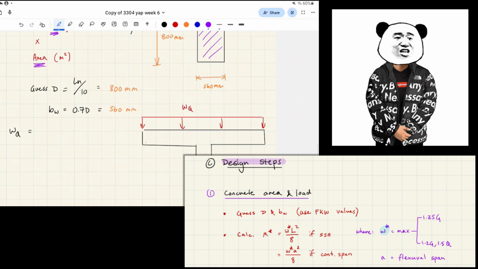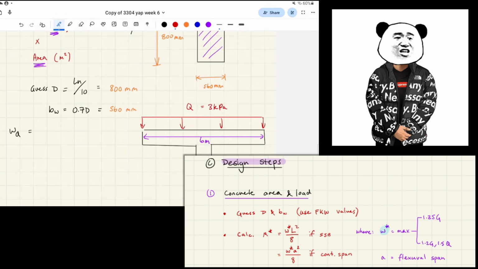We've established that this is 6 meters, and we know that Q is 3 kPa.